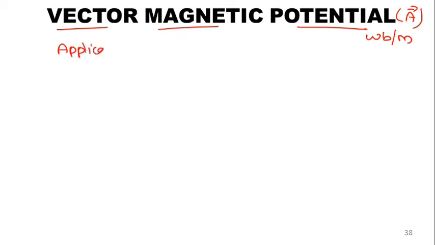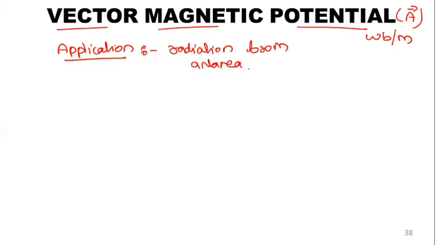If you are reading the textbook, Sadiku or Bakshi, these things are mentioned there. So radiation from antenna is an application. So if an 8-mark question comes asking for vector magnetic potential, you write all the equations, write applications also.